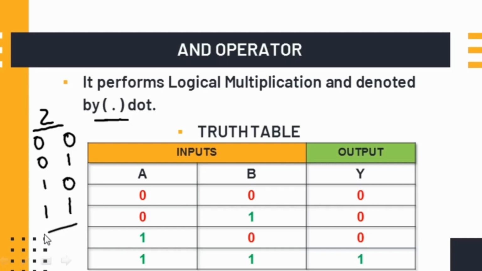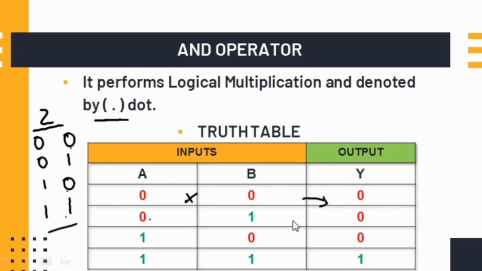These are all the possible input values of A and B. Here we have to perform logical multiplication. The first thing is to multiply the two input values of A and B, first 0 and 0.